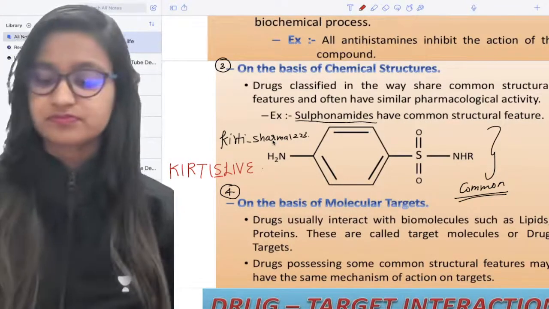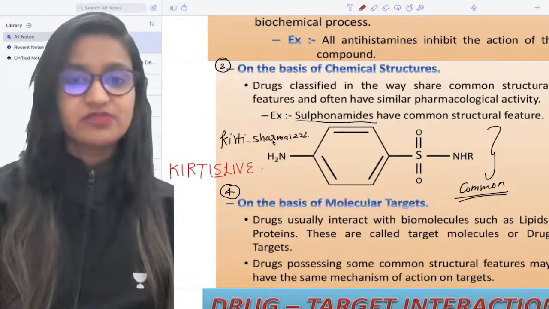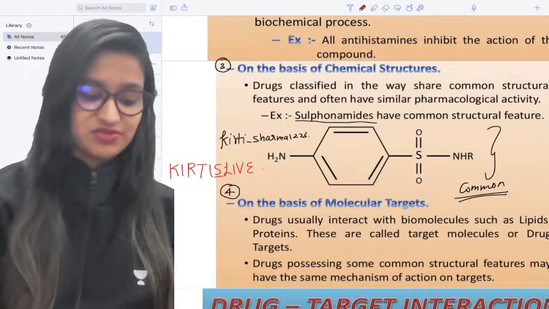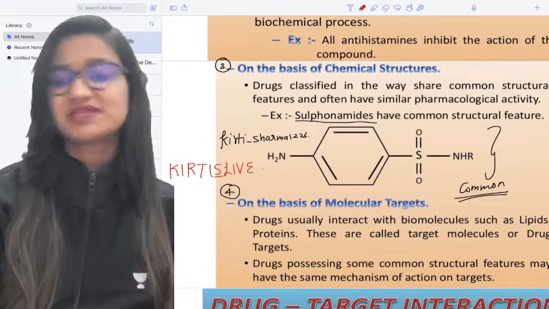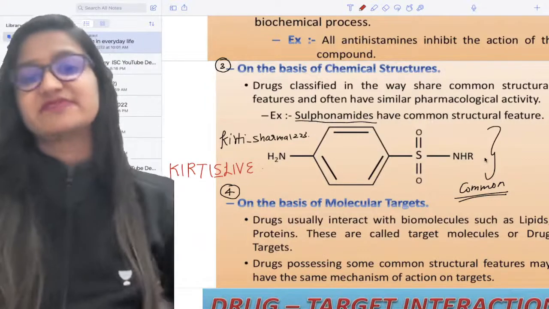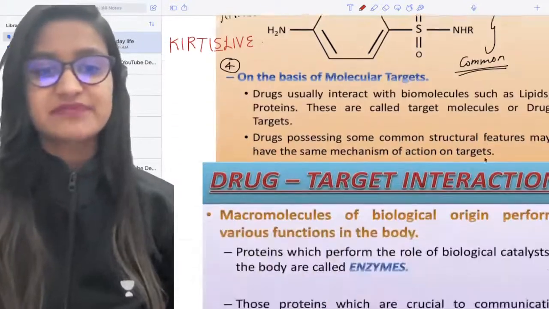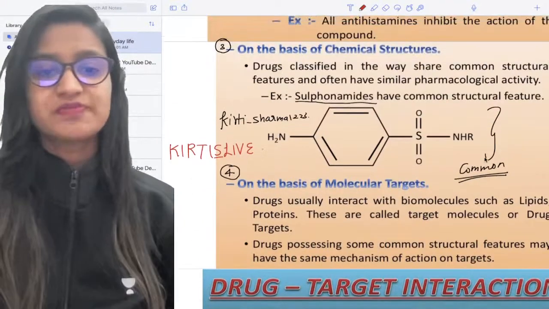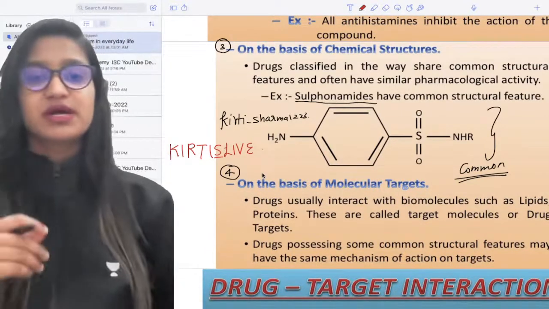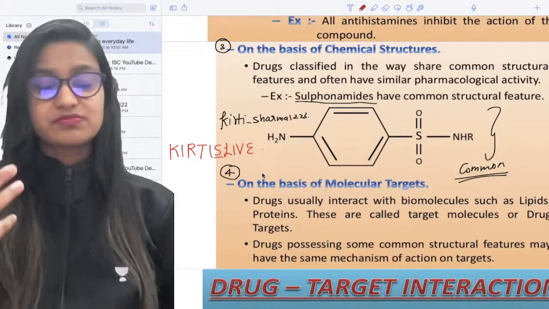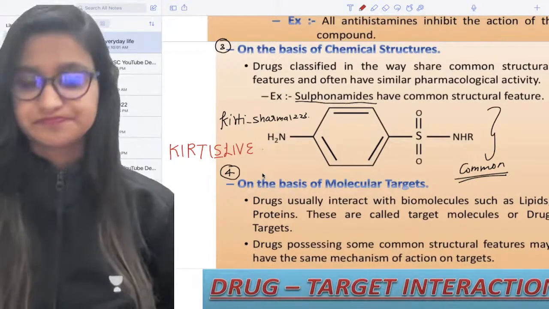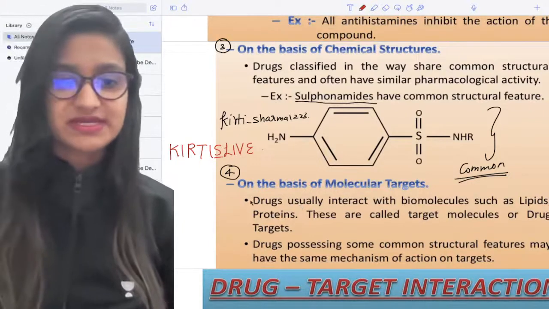So here we are done with the classification on the basis of chemical structures, right? All sulfonamide compounds have this common structure. The next thing is classification on the basis of molecular targets, number 4, meaning which molecule the drug targets.